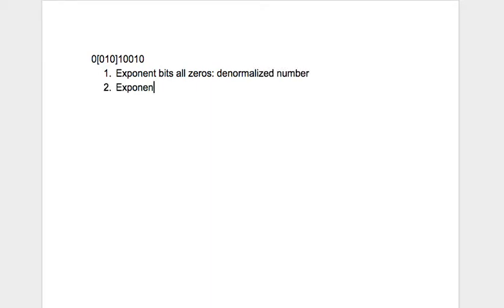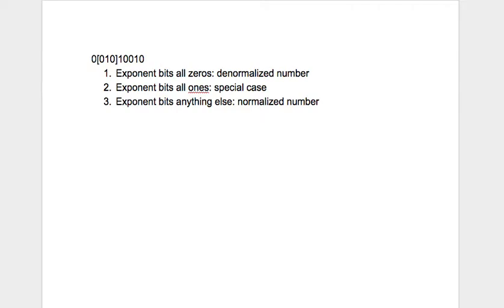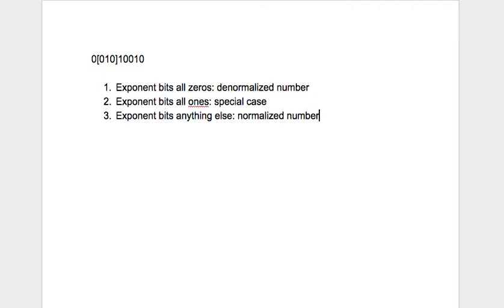If the exponent bits are all ones, then we have a special case. And if it's anything else, then we have a normalized number. So that's how we recognize the 3 different kinds of numbers. The number I've written here as an example would be a normalized number.